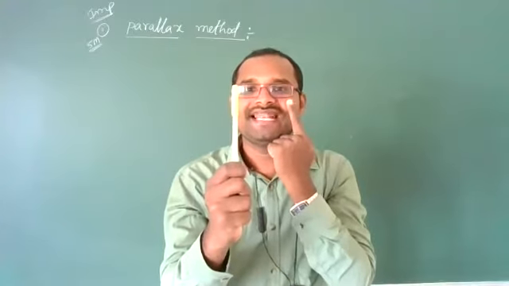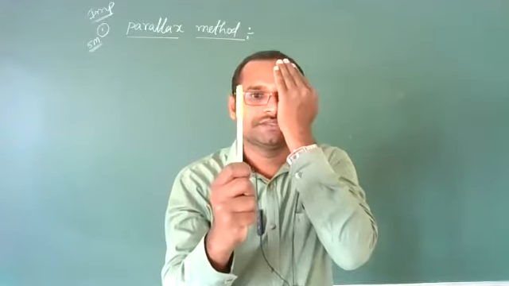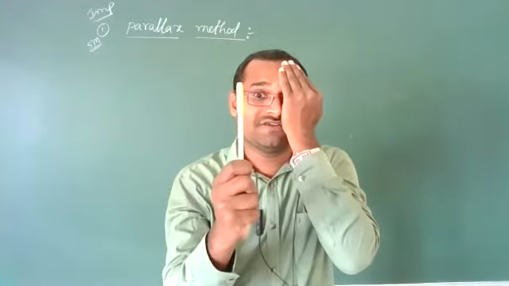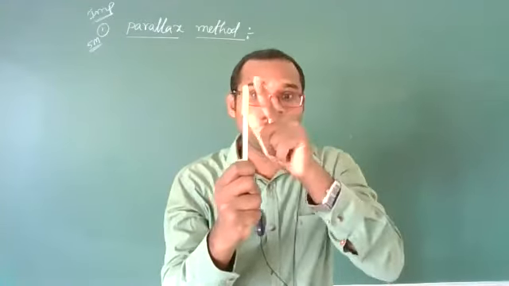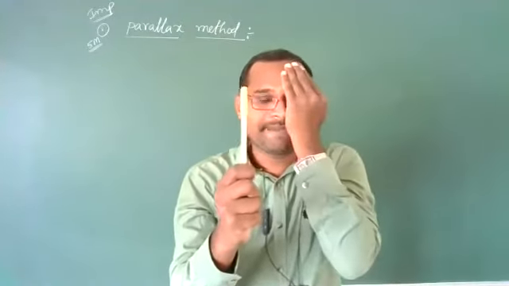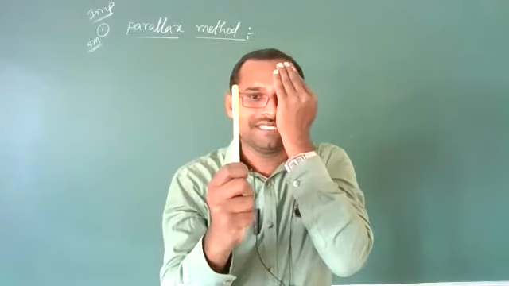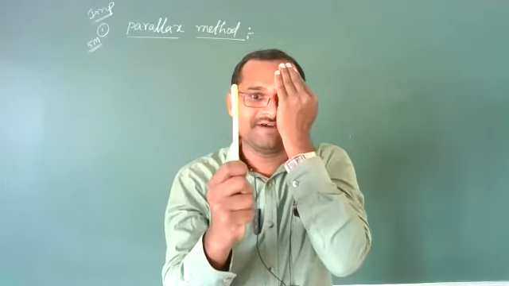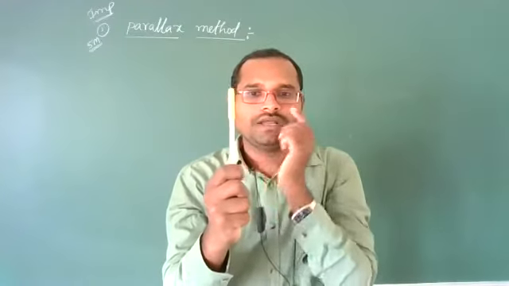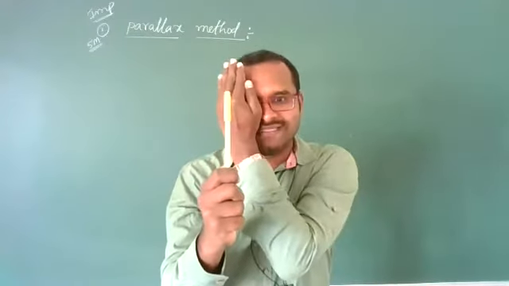This is my left eye I am closing. When I observe this pen, you observe only the pen, not the wall. Now the location of the pen on the wall is here. Now close the other eye.